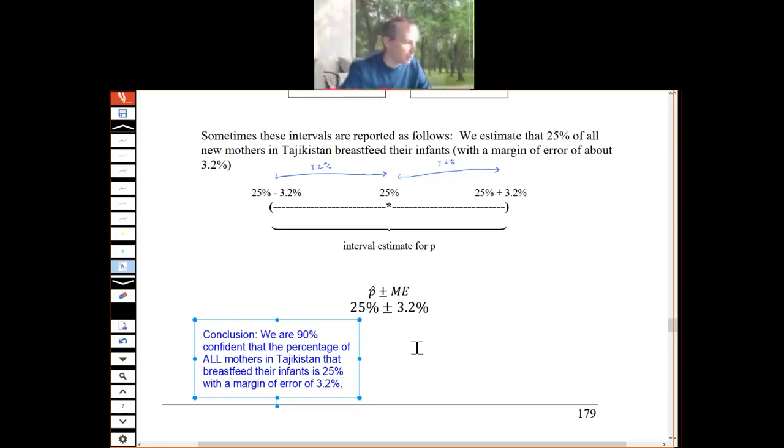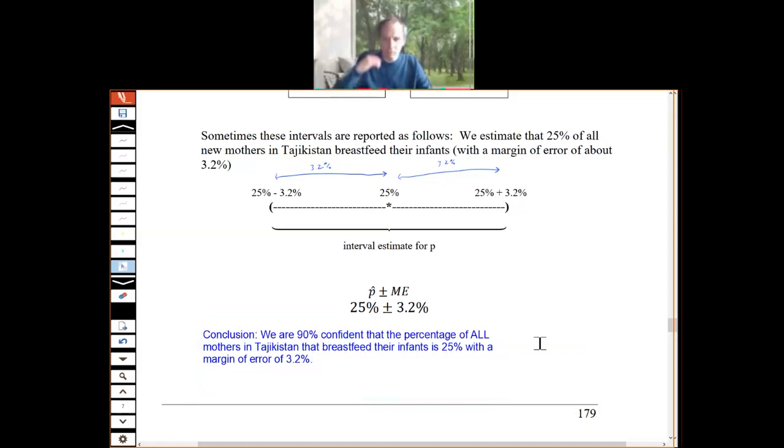And that's probably a little bit more like the format that you're likely to consume when you look at news and stuff like that, or look at articles online. They typically give you the point estimate, and sometimes they'll give you the margin of error. Oftentimes that margin of error will be buried in a footnote.